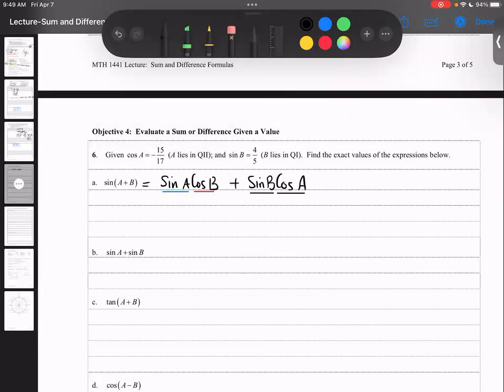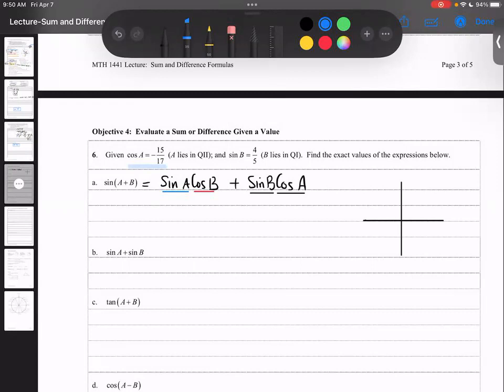If they give you something, try to draw it on the unit circle. So there are my four quadrants. Cosine of A, I'm going to start with this one first. Cosine of A is negative 15 over 17.